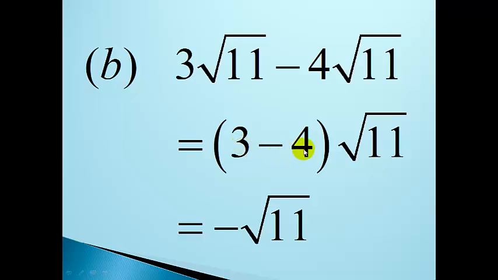And 3 minus 4 equals minus 1. So we have minus 1 root 11 and it's equal to minus root 11. This means that 3 root 11 minus 4 root 11 is equal to minus root 11.